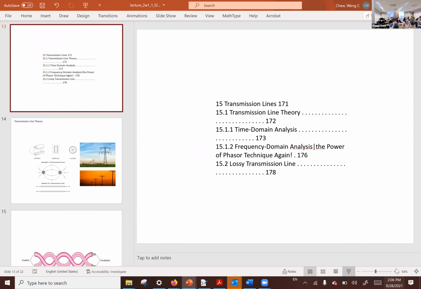The engineers like to work with something simpler, and transmission line theory is the answer to this very complicated theory. So how can we convert things to this? Let's see how that happens.